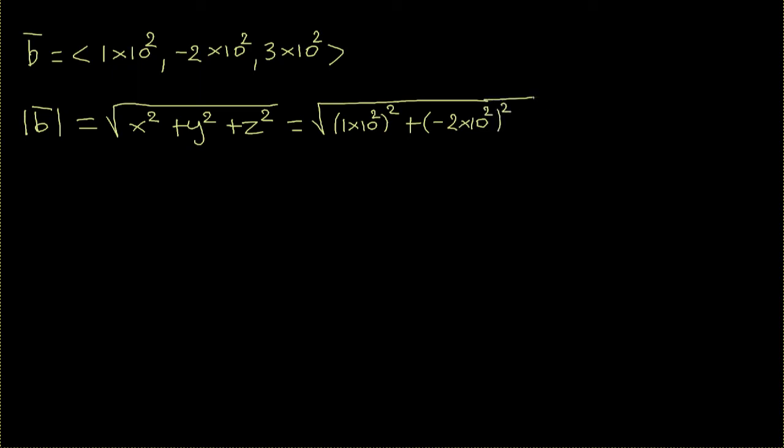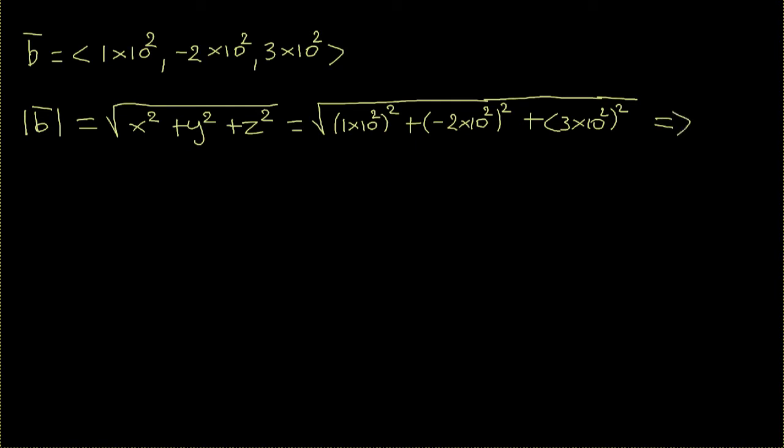And again, you have to be careful because you have to include the minus sign as part of this argument. It has to be inside the parentheses, and then you take the square. And the last one is 3 times 10 to the power of 2, and again squared. So this is the calculation I need to do to find the magnitude of the vector b.